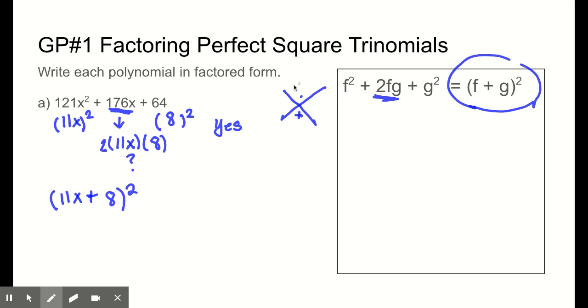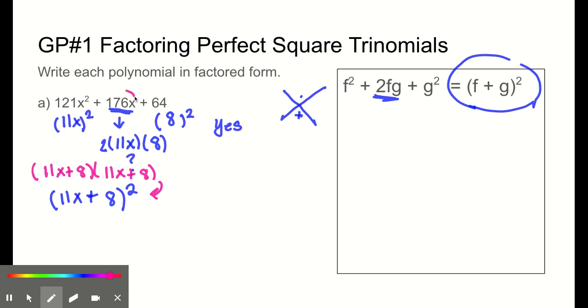When you factor by grouping, you would get 11x plus 8 times 11x plus 8, which can then just be written as 11x plus 8 squared. So 11x plus 8 times 11x plus 8 is the same thing as 11x plus 8 squared.